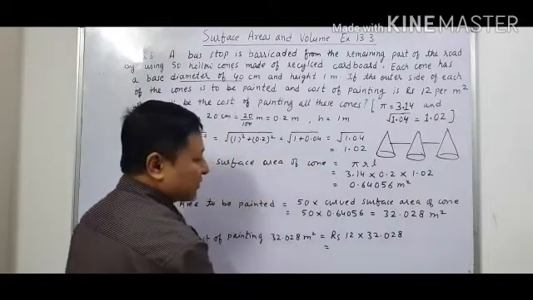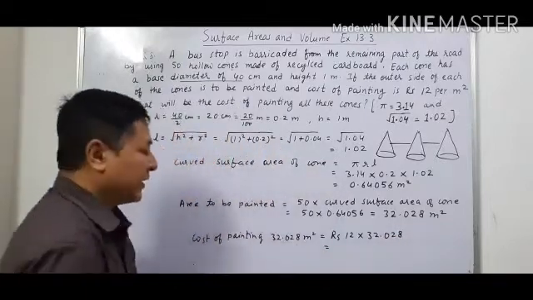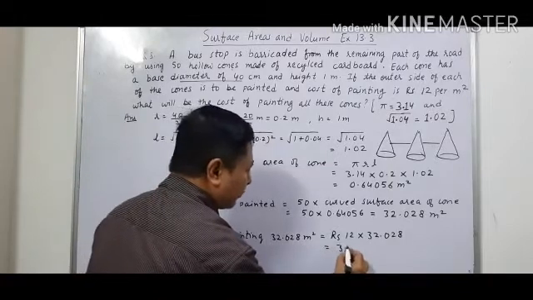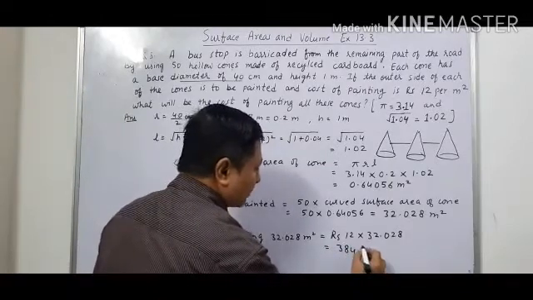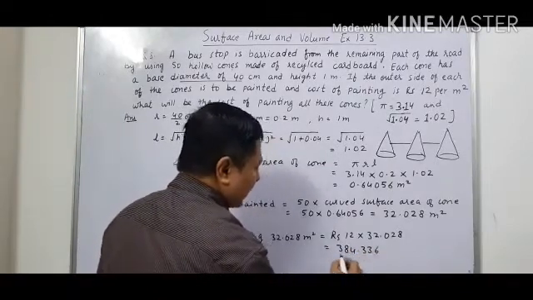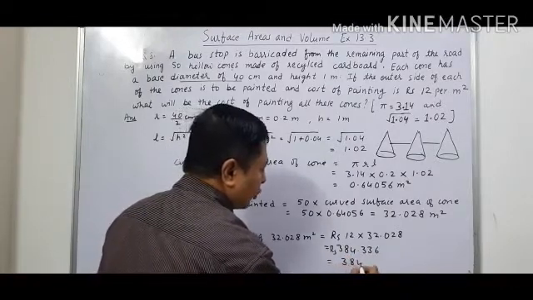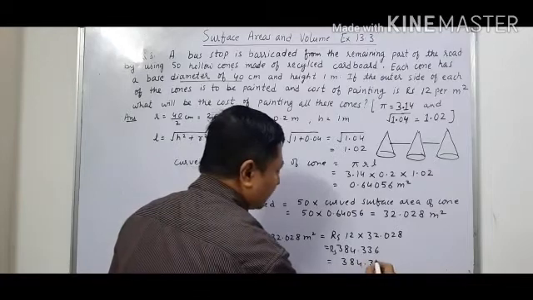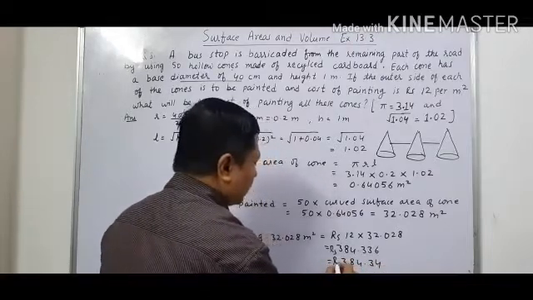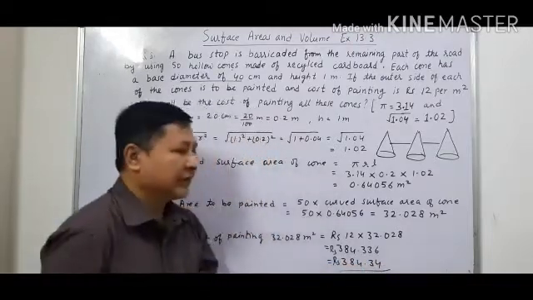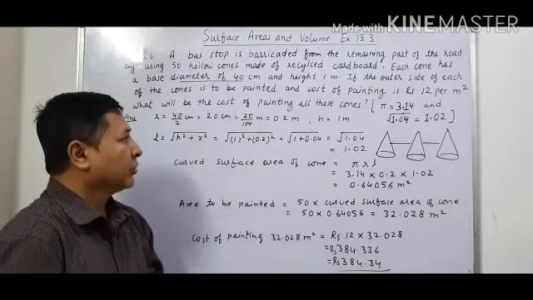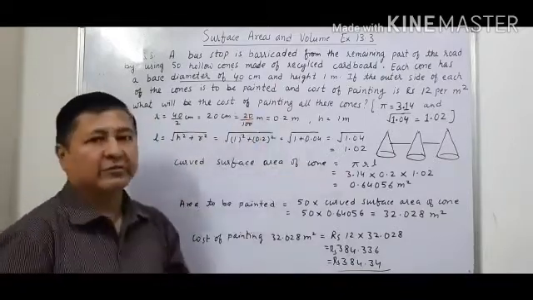When we multiply this, we'll get the answer 384.336, and that will be approximately equal to 384.34. So the total rupees required is 384.34 rupees to paint all the 50 cones.